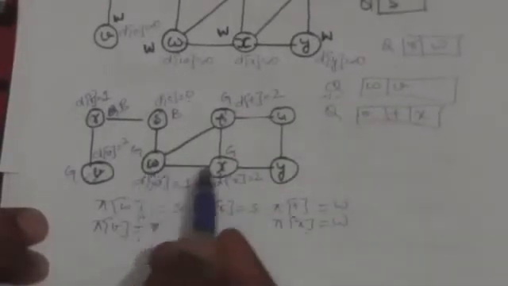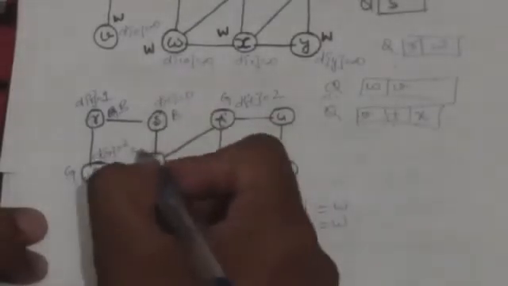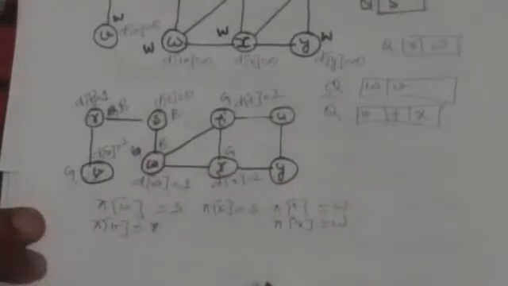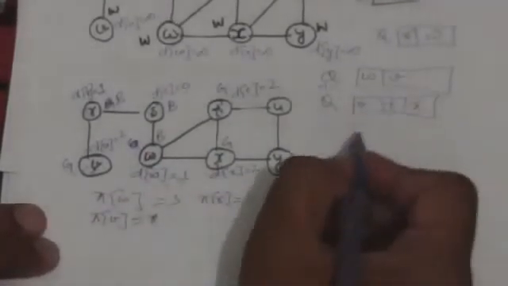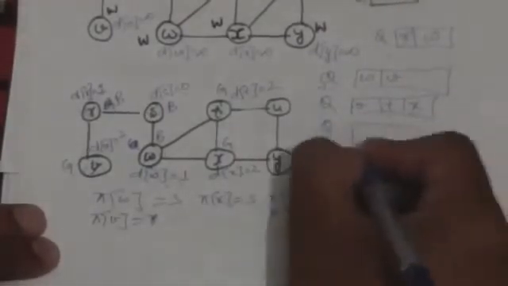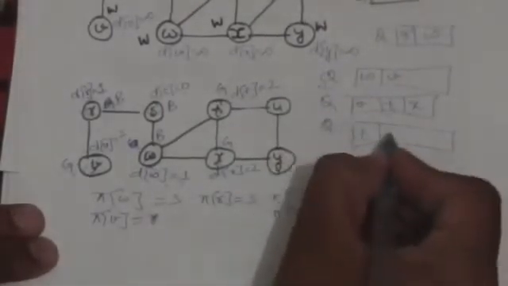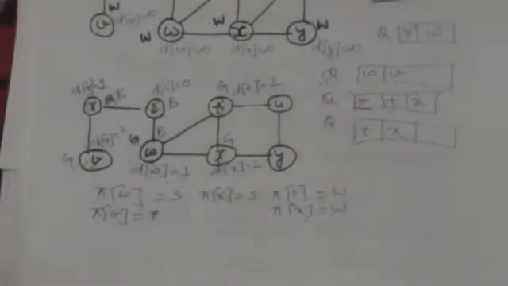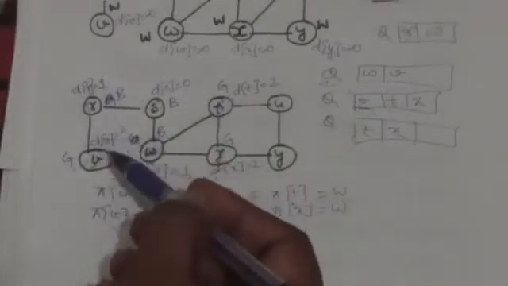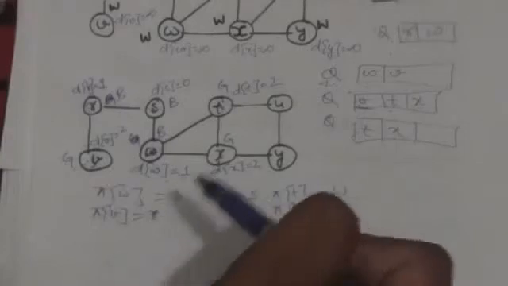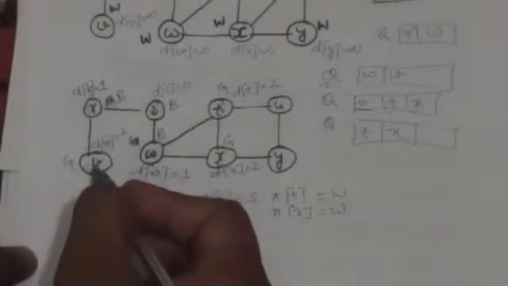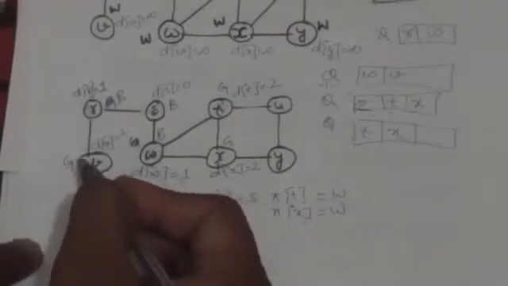After this, we will change the color of vertex w from gray to black, right? So vertex w has been processed. Now we will dequeue a vertex from this q. So we will dequeue a vertex v from this q, right? Now the vertex v does not have any white adjacent vertex, so we will change the color of this vertex v from gray to black.